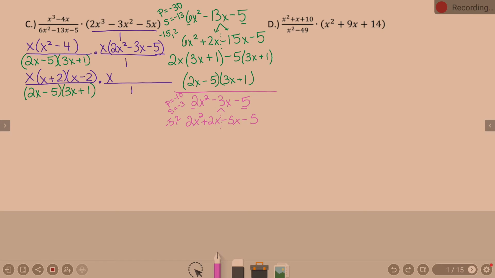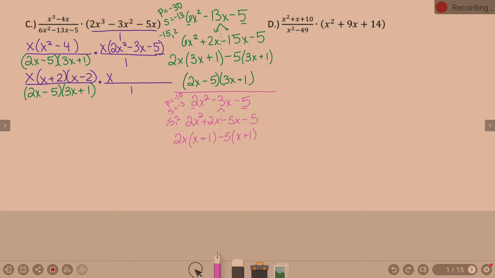GCF of the first half: 2x. If you factor out 2x, what remains? x plus 1. GCF of the back half: negative 5x minus 5 has a GCF of negative 5. If we factor out negative 5, we're left with x plus 1.